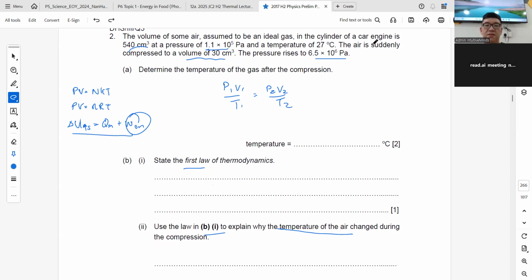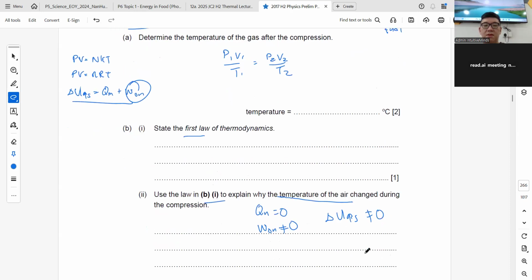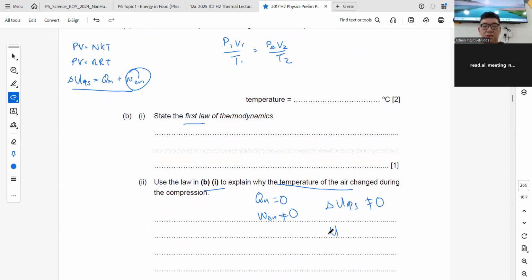It's suddenly compressed. Suddenly it's fast. So your Q in is then zero. Your W on is not zero. So your internal energy change is not zero. And we know that this is 3/2 nk delta T, which means that this is not zero. Okay?